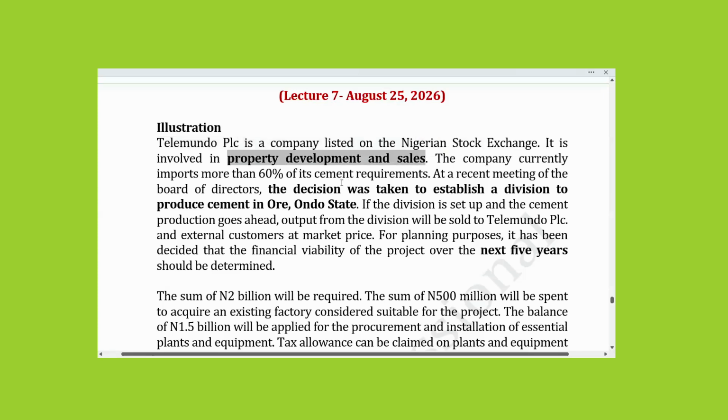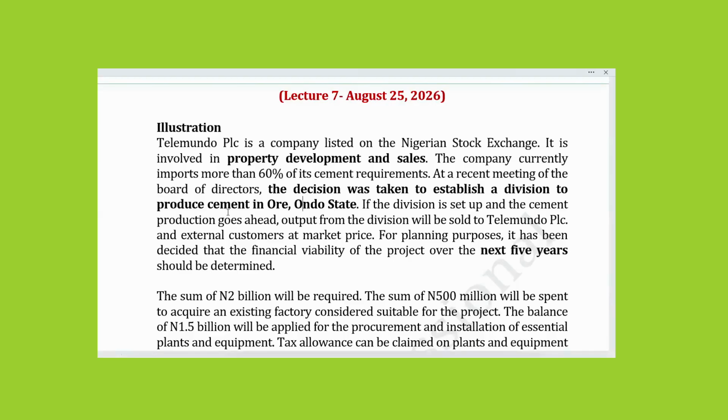You construct houses, then you sell them. However, we are told that at a recent meeting of the board of directors, a decision was taken to establish a division to produce cement in Ondo State. So this company is into property development and sales. The company is now diversifying into production of cement.